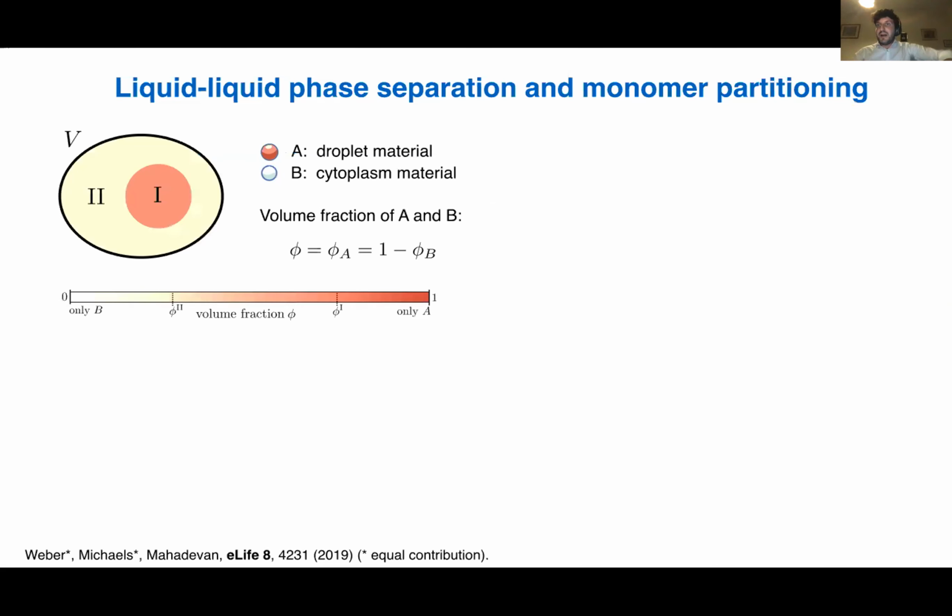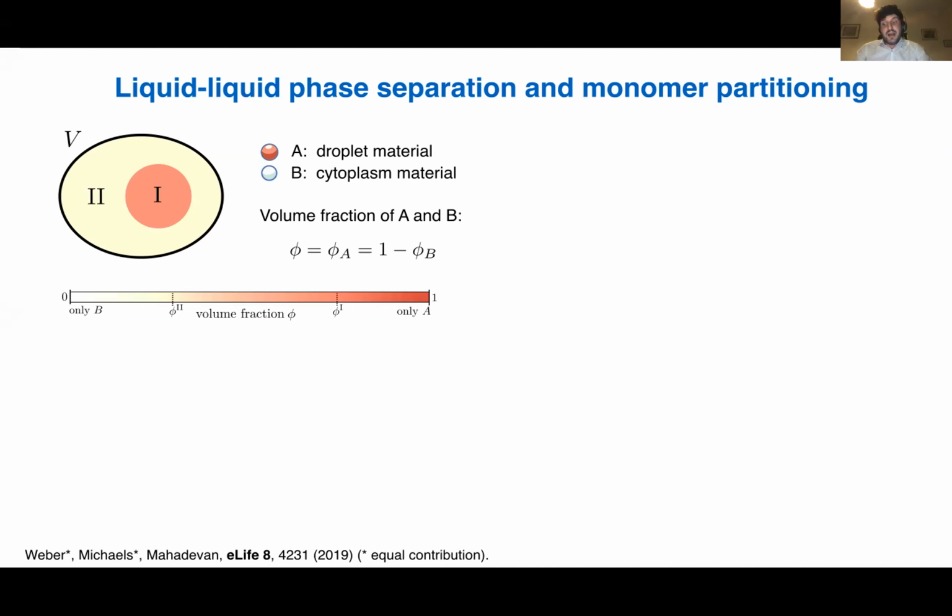So now, as the second step, we need a liquid-liquid phase separation. And so here I'm going to consider a system of volume V, which contains a condensate. This condensate is formed from liquid-liquid phase separation between two components, A and B. A is the droplet material, so it's some protein material, and B is the cytoplasmic material, and it could be another protein, lipids, or water.